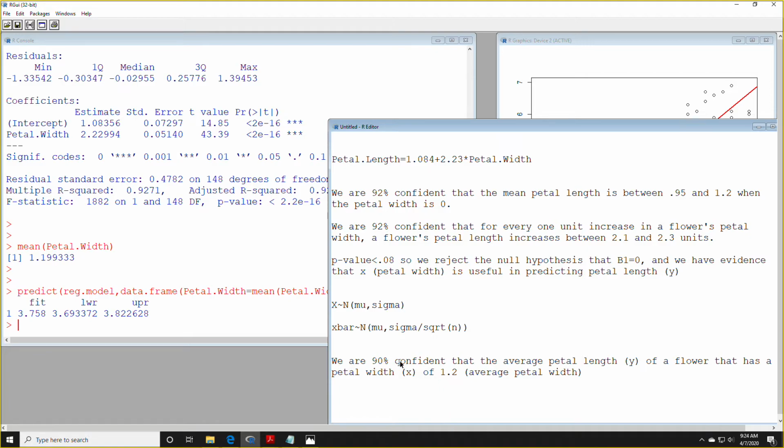So technically it's a confidence interval for the average petal length for a flower that has an average petal width, but specifically it is for a flower that has a petal width of 1.2 because that's the average.